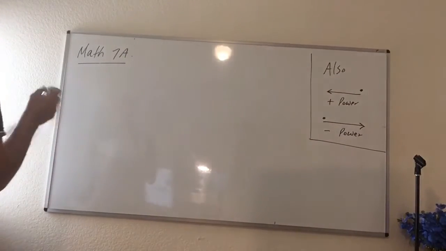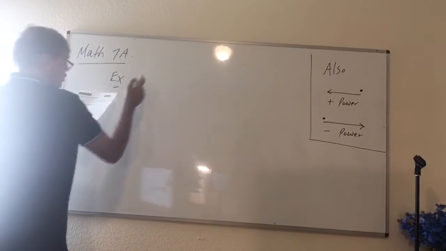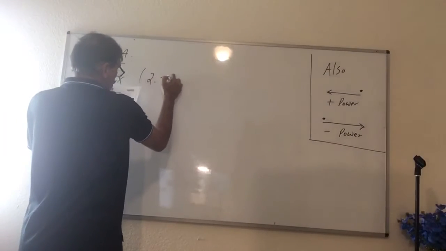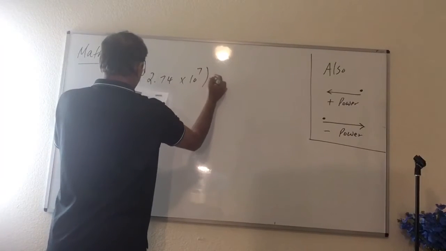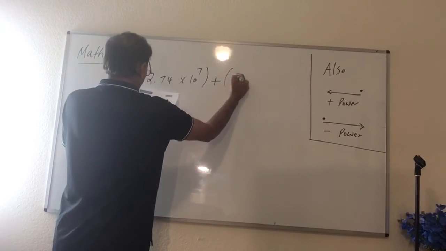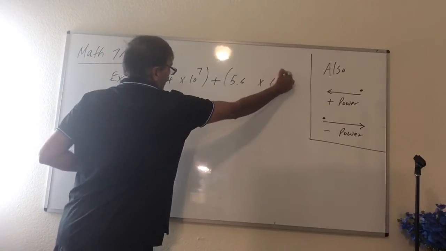So here are just some examples of how we add and subtract scientific notations. For example, look very carefully, this is easy. It is 2.74 times 10 to the power 7 plus 5.6 times 10 to the power 7.